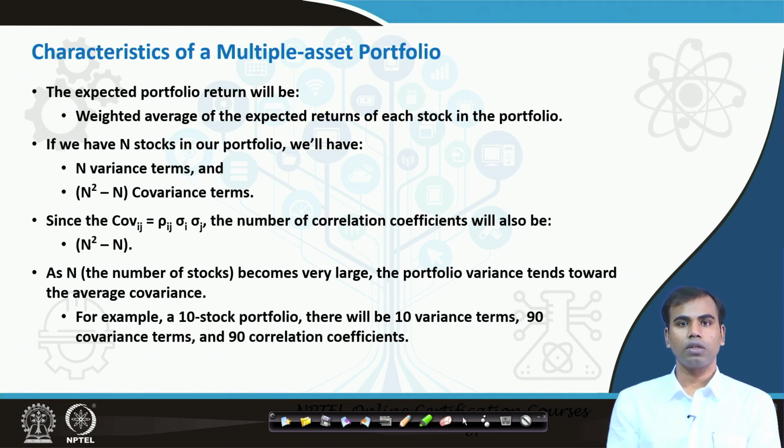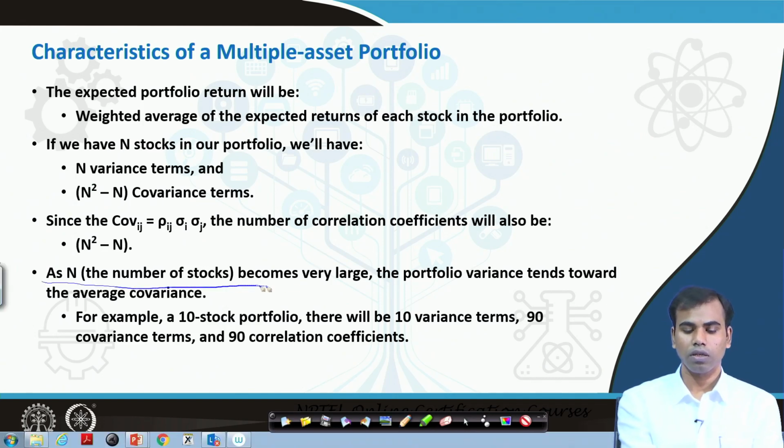So, if we have more assets in our portfolio, we will have more variance and covariance terms. If the number of assets in the portfolio is very large, then the portfolio variance tends toward the average covariance.